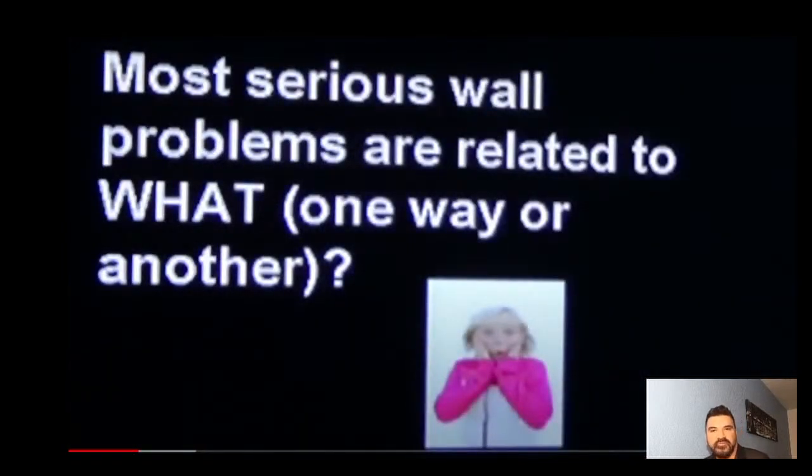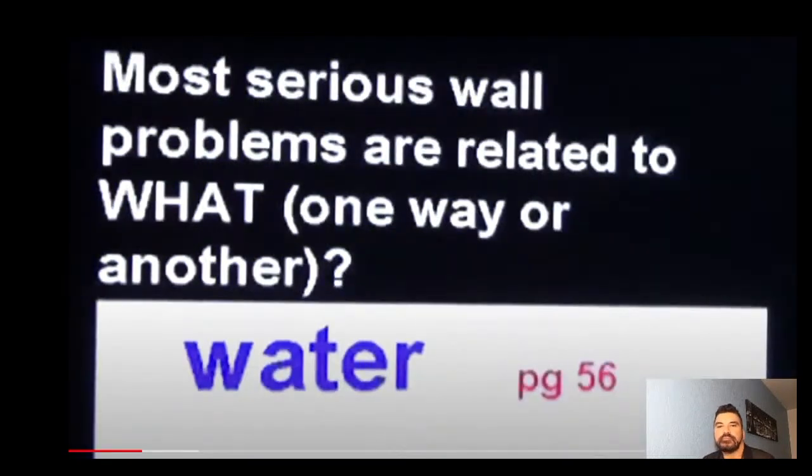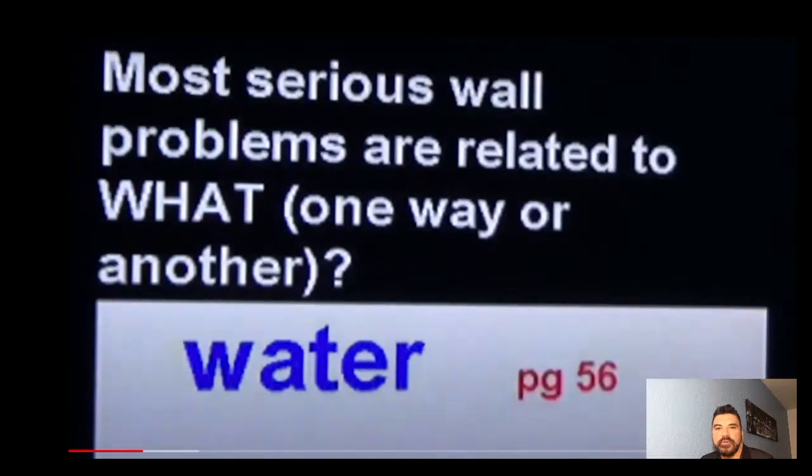This is something we covered the first day of the program. Most serious wall problems are related to what, one way or another? Water, water, water. You got it.